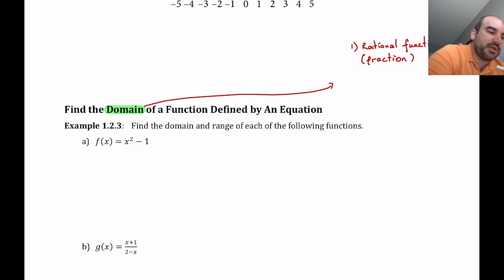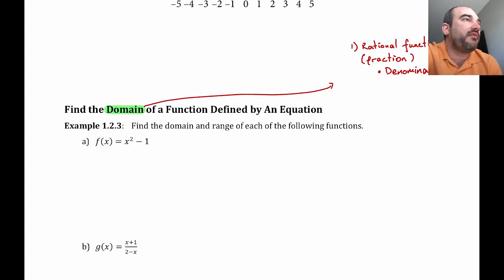For rational functions, we're just going to need the denominator not equal to 0. That's your setup for finding the domain of a rational function. You take whatever's in the denominator, the bottom part of your fraction, and make sure that it's not equal to 0. To do that, you figure out what input values would make it 0, and you just don't include those in your domain.